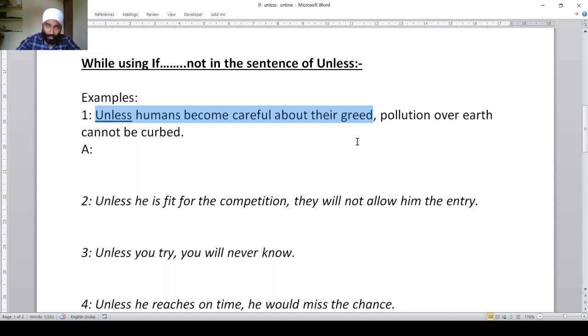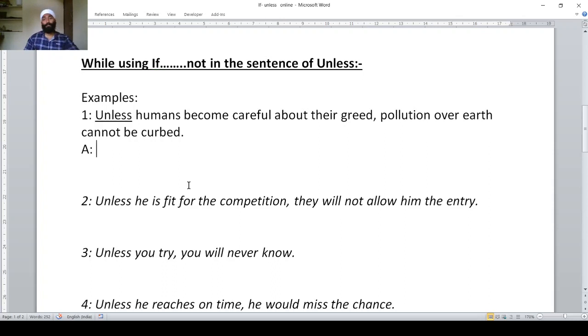If the subordinate clause comes first, we have to take a comma after it. And if the subordinate clause comes afterwards and the main clause comes first, we don't need a comma between them because the conjunction itself acts as the joining part.